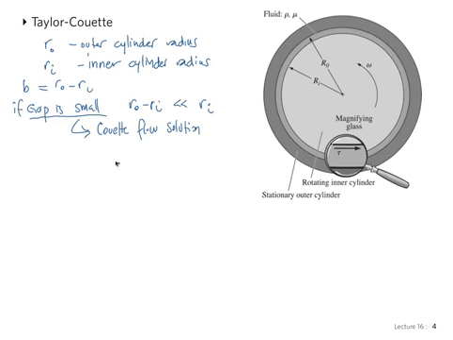So then, since this is rotating with an angular velocity omega, the velocity capital U, the equivalent of the velocity of the top plate, is going to be equal to Ri times omega, omega being the angular velocity.